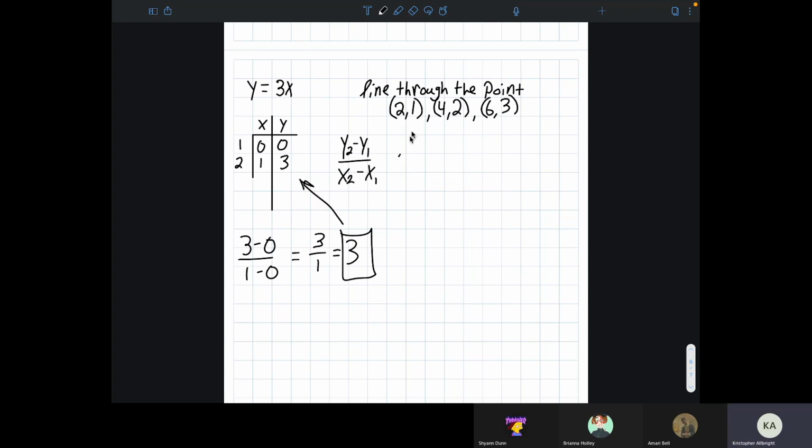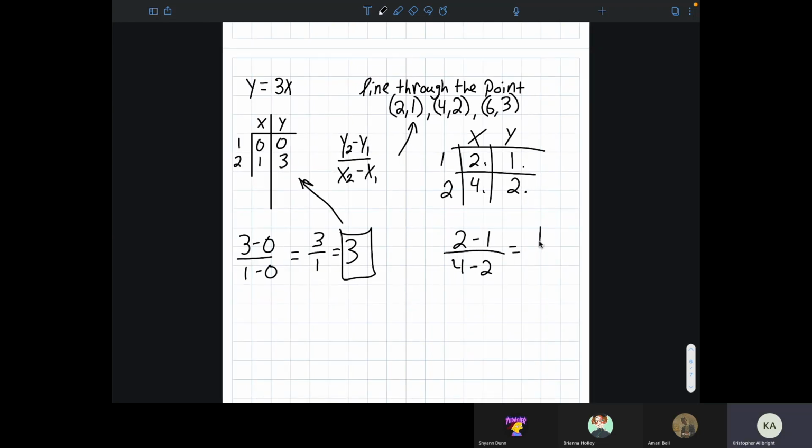Now over here, we need to do the same thing. So I'm going to use 2, 1, and 4, 2. x, y, 1, 2. So now I am going to plug into my slope formula. y2, 2 minus 1, y2 minus y1, over 4 minus 2, x2 minus x1.